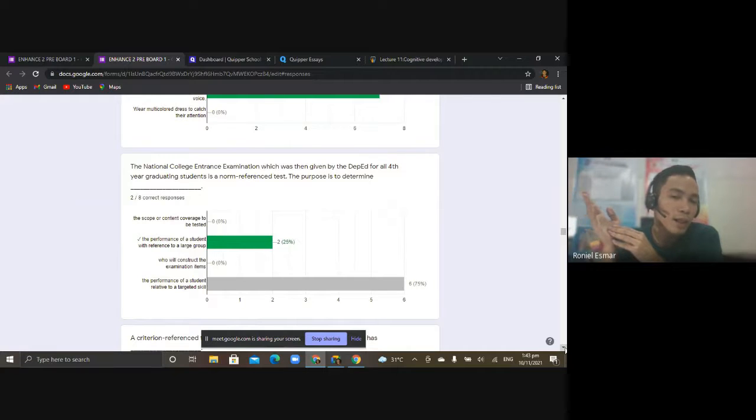Kumbaga naka base entirely ang result whether makapasar siya o dili sa performances of the other takers. Whereas ang sa criterion reference test, target skill jud or target criterion nga dapat nilang maabot. So that is why it's letter B or option number 2. Because again, ang letter D, criterion reference test, di na siya norm.